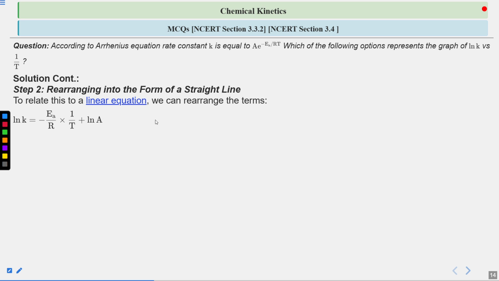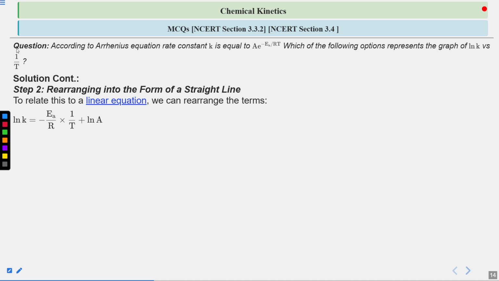Because as I said, we want y as ln k, x as 1 by T, and then we want to compare it with the equation of a straight line, which is given as y equals mx plus c, right? So y equals mx plus c, and now y is ln k, so we take ln k on the left hand side. It is already on the left hand side. So ln k equals mx, where m is some slope multiplied by x.